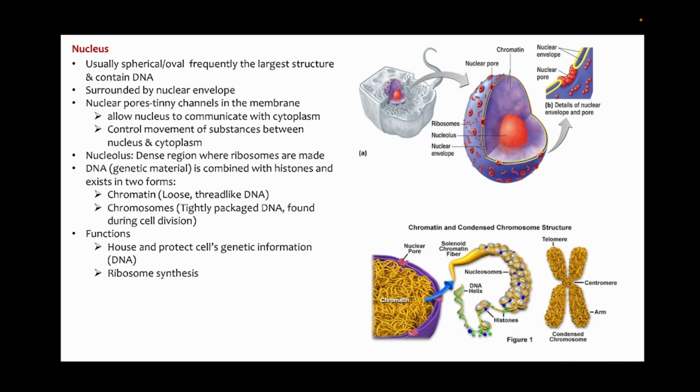For the nucleus, a specific organelle in eukaryotic cells, it has a nucleolus, which is a dense region within the nucleus itself. It has a nuclear envelope that encapsulates the nucleus, and then you have your ribosomes on the nuclear envelope.